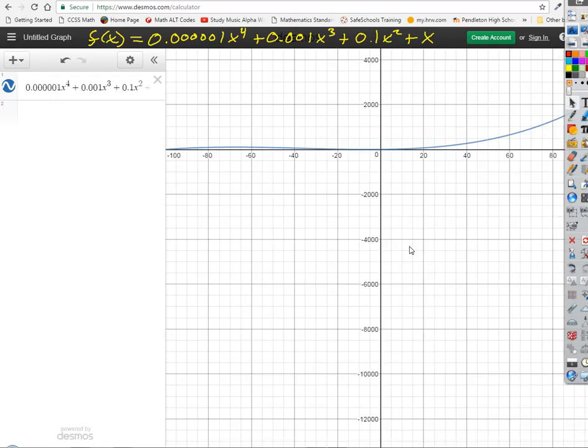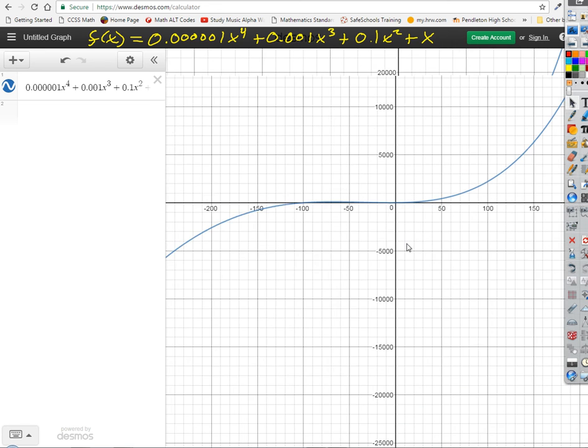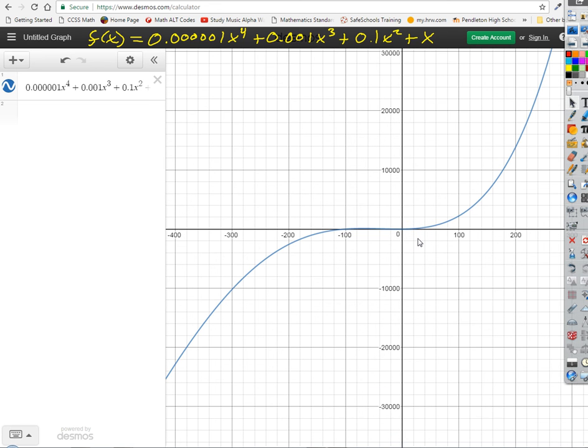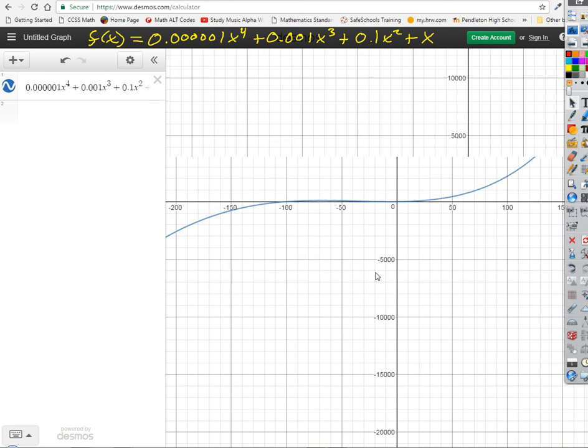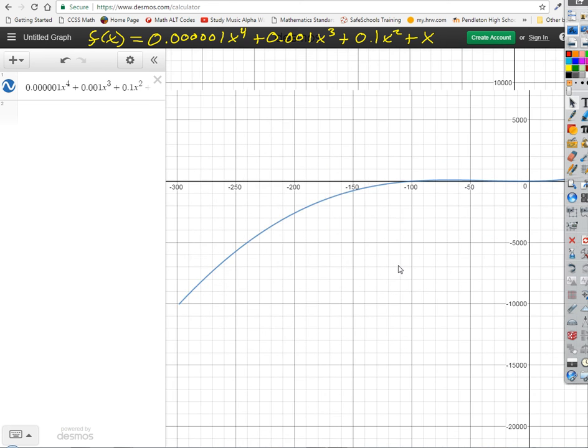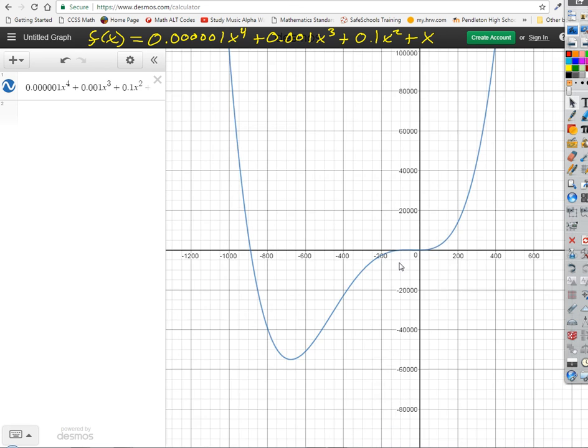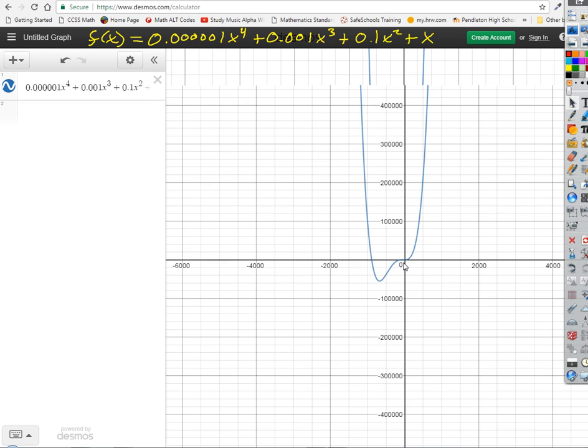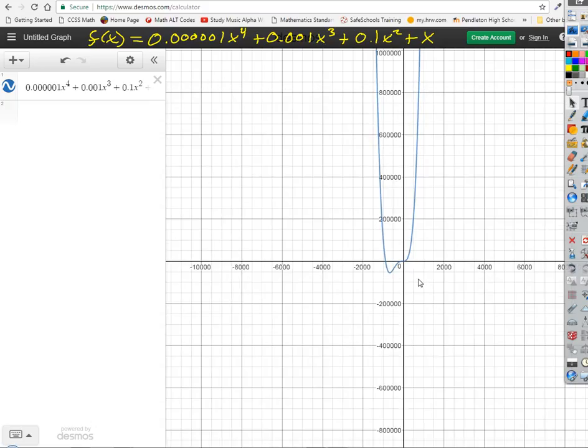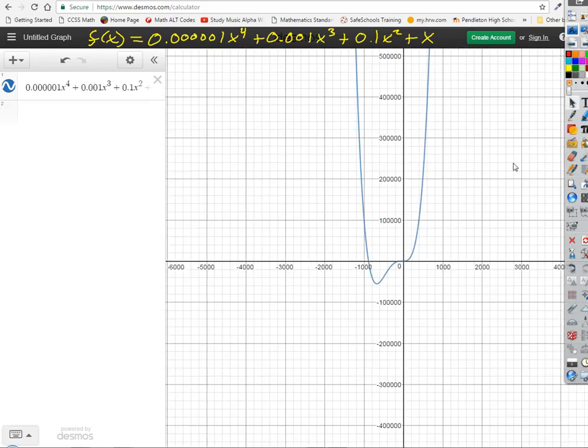If I really stretch out the x-axis a little bit, we can see this a little better. So if I keep zooming out, now it's starting to look more and more like a normal x to the fourth function. And I'll do that same trick one more time.